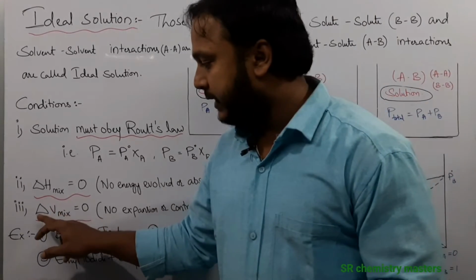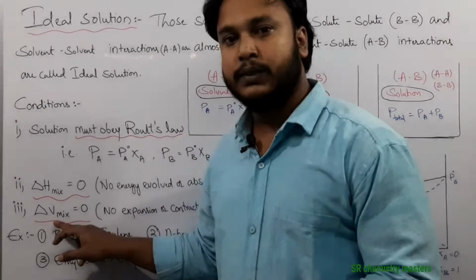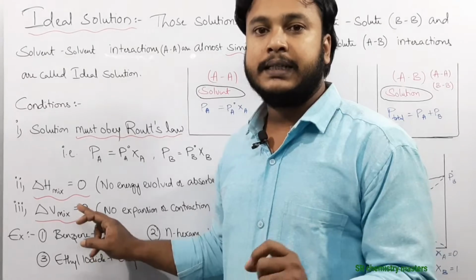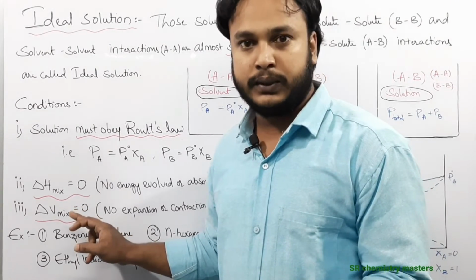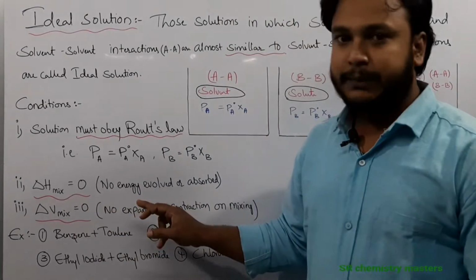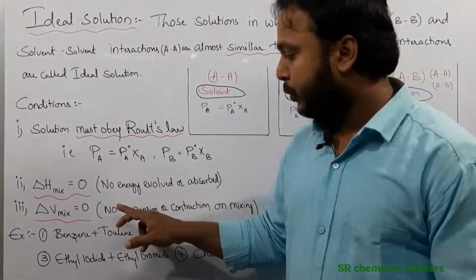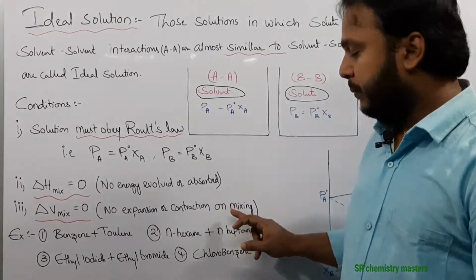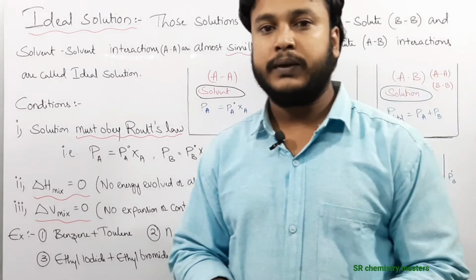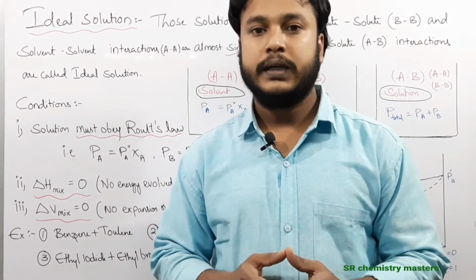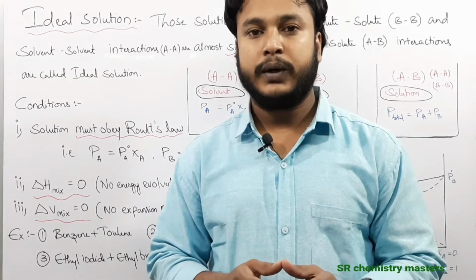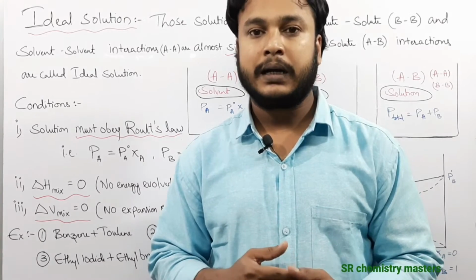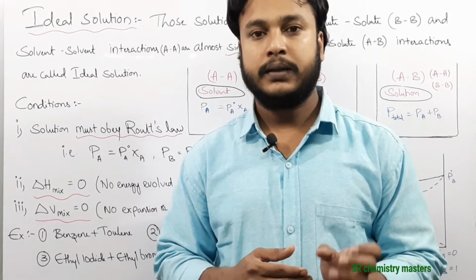The third condition is delta V of the mixture should be equal to 0. That means the change in volume should be equal to 0. This can be expressed as there should be no expansion or contraction on mixing the solute and solvent to form the solution.